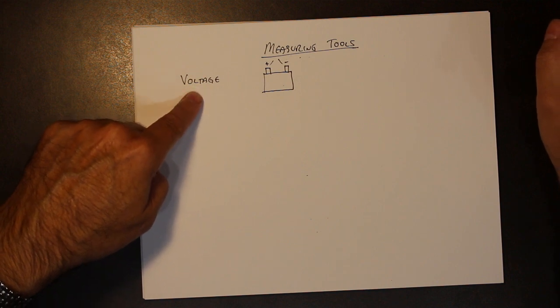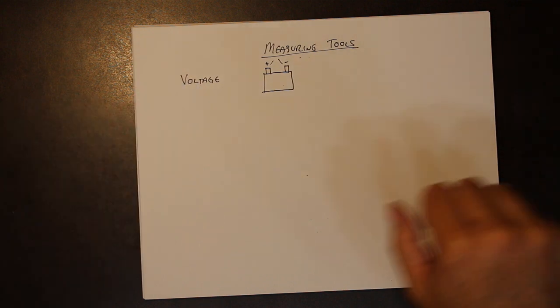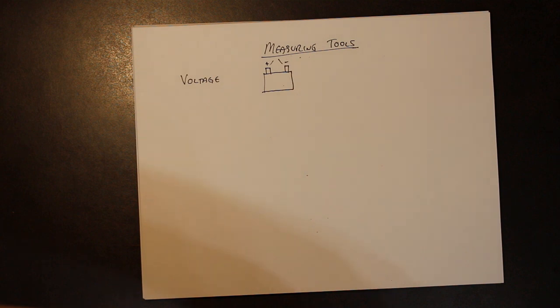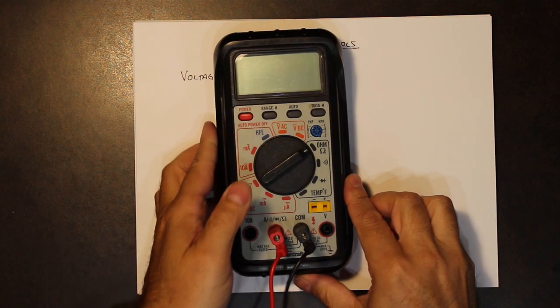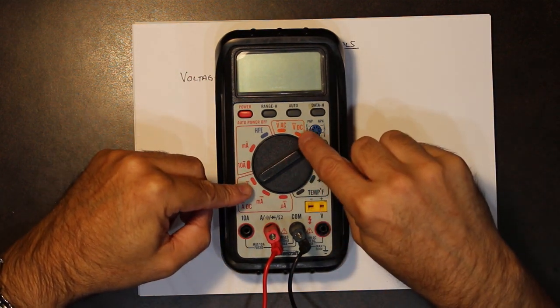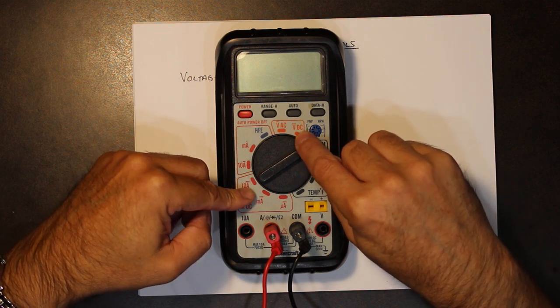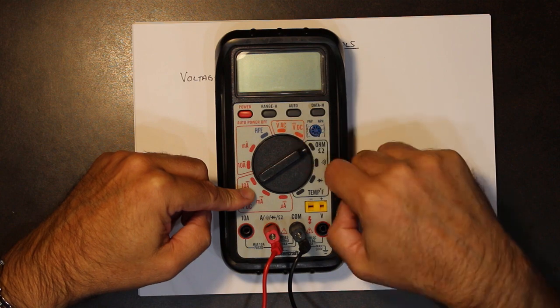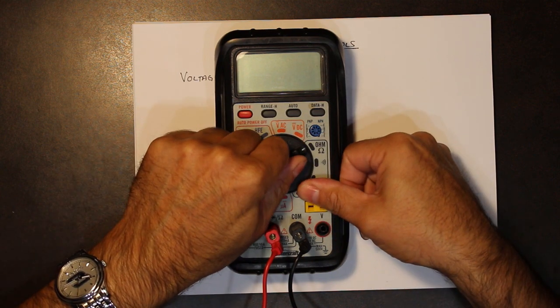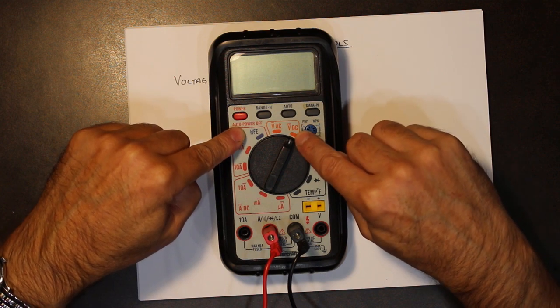If you were to measure voltage, you would use a voltmeter. So I just happen to have a multifunction meter here. This will actually measure voltage. We have AC and DC voltage, and we'll talk more about that as the course goes on. But we would put the voltmeter in DC voltage.